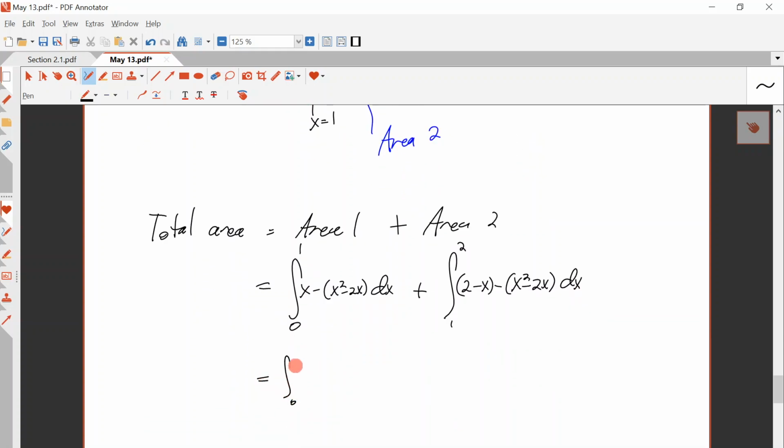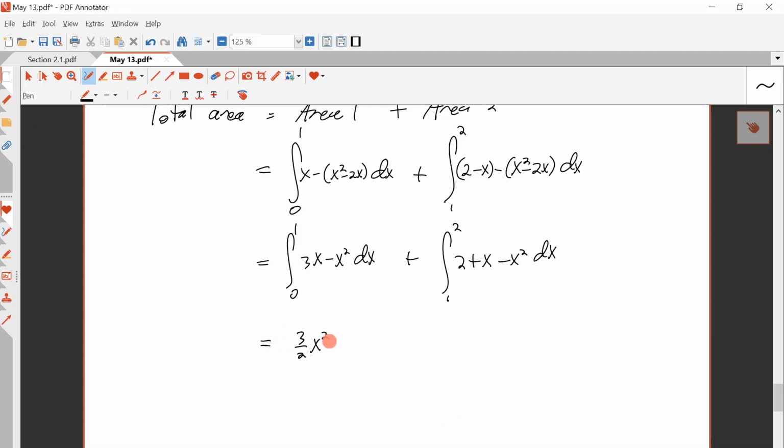So we'll just do the antiderivative. Let's write it out. So I got x plus 2x, so 3x minus x squared, plus the integral from 1 to 2 of 2 minus x plus 2x, which is 2 plus x minus x squared.